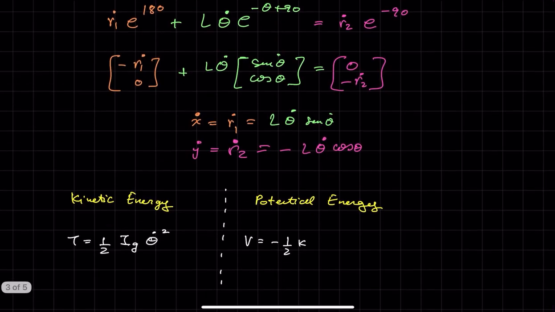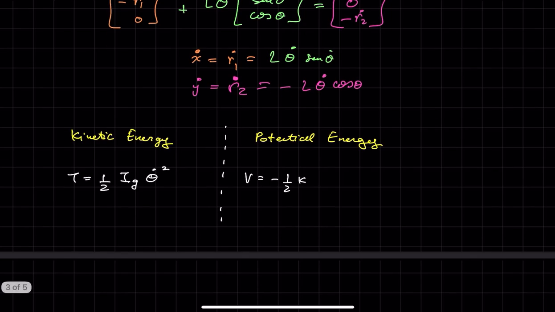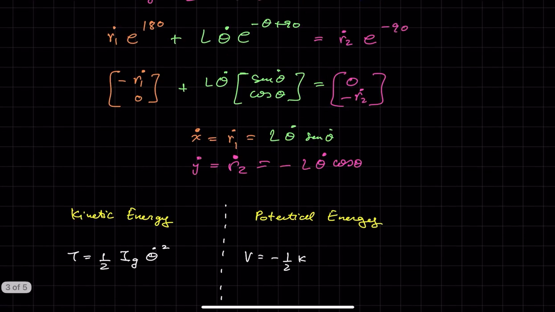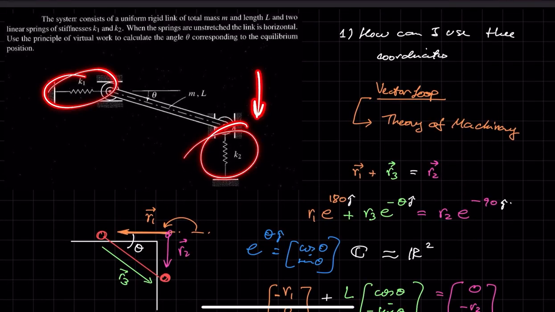Right now we have to represent the kinetic and the potential energy. The kinetic energy is very easy because it's 1/2 of the inertia times theta dot squared, right? The potential energy of a rigid body is kind of different because we have two springs and the gravitational potential.